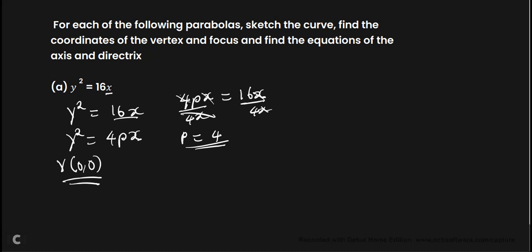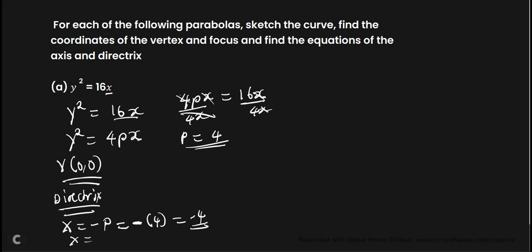So our directrix is moving in the x-axis, so it will be x equal to negative p. What was p? It's 4. So the directrix is x equal to negative 4. That's our directrix.